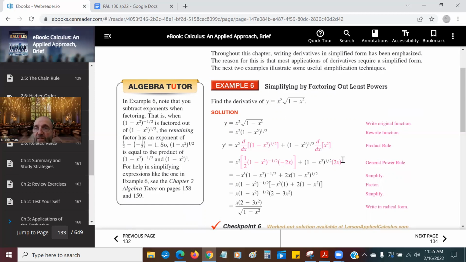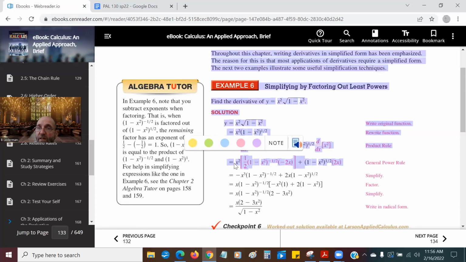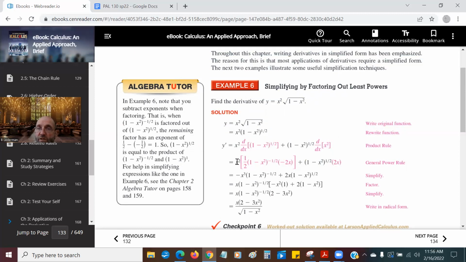So this whole big mess is my y prime. And like I say, you could just leave it like this if you want. You don't have to simplify more. But if you want to simplify more, you can.